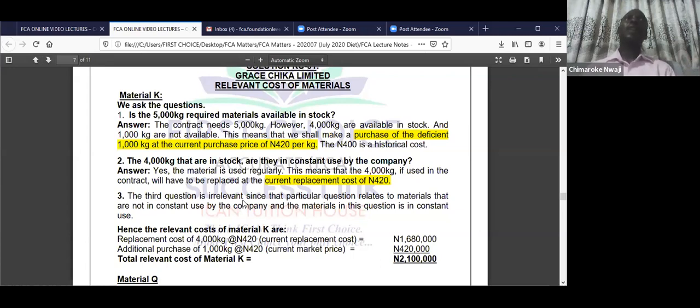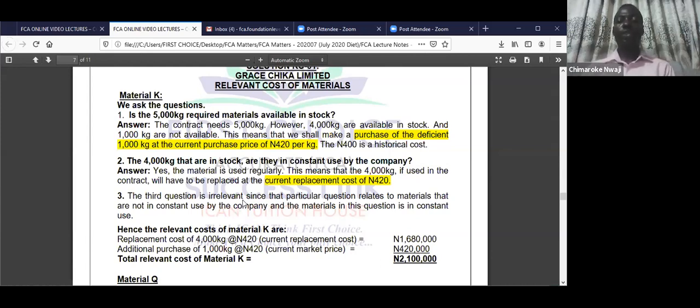So all we have left is question number 1, availability. Only 4,000 is available. 1,000 is not. That 1,000 has to be purchased specially. The 4,000 that is available goes through a second test. Is it in constant use? If yes, fine, you replace.